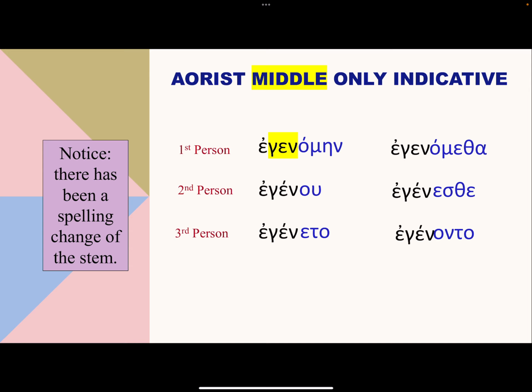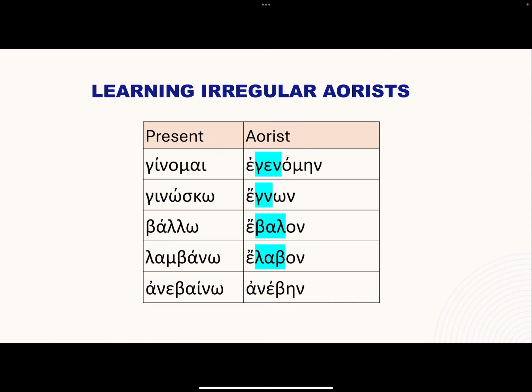So it becomes egenomen, egenou, egeneto, egenometha, egeneste, egenonto. So there's been a change of spelling to the stem there.